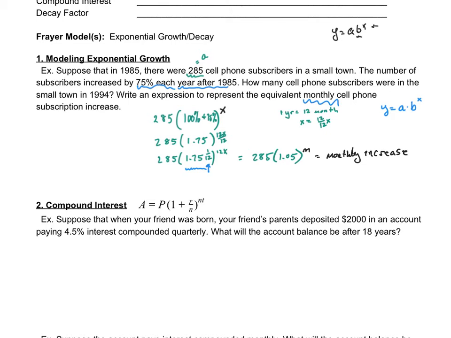Now, if I go ahead and solve that, I don't think they've asked me to do that, but I could go back to this original problem, and I have 285 times 1.75. Now that's a year, right? So how many years has it been since 1985?